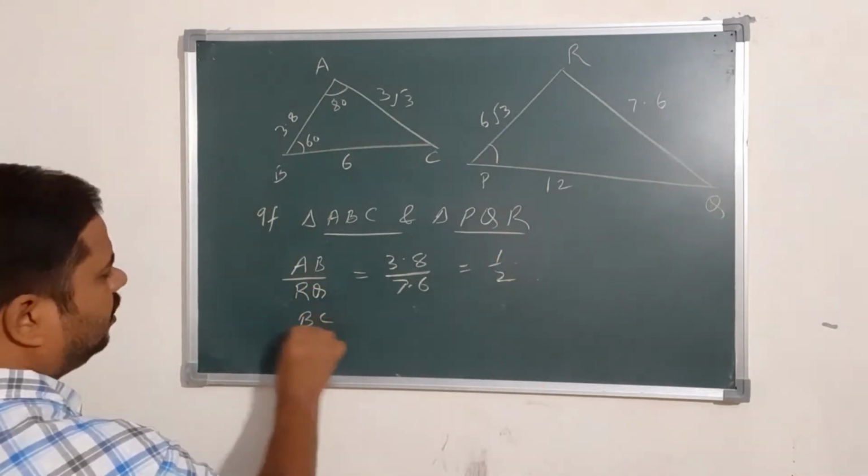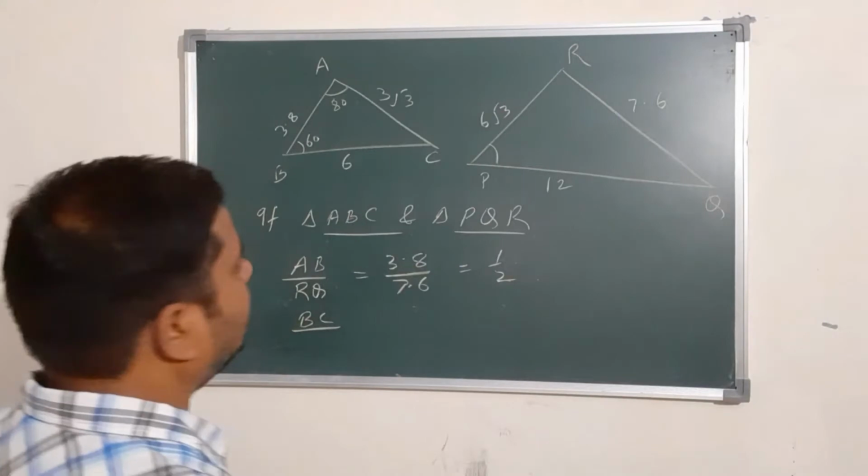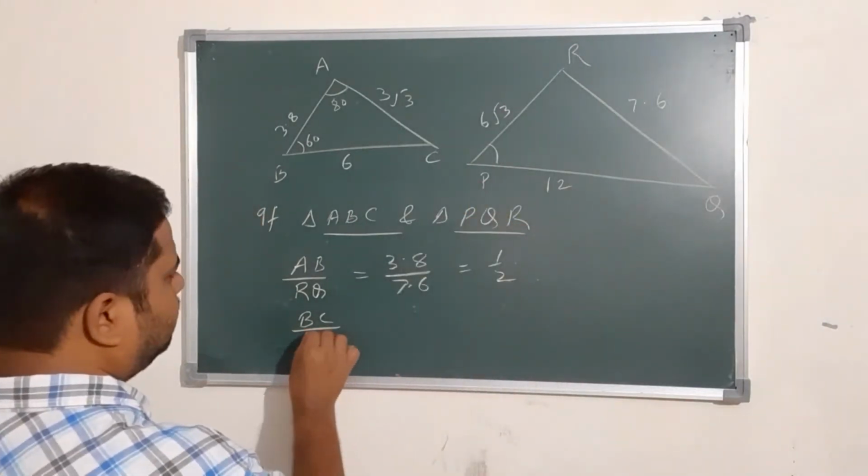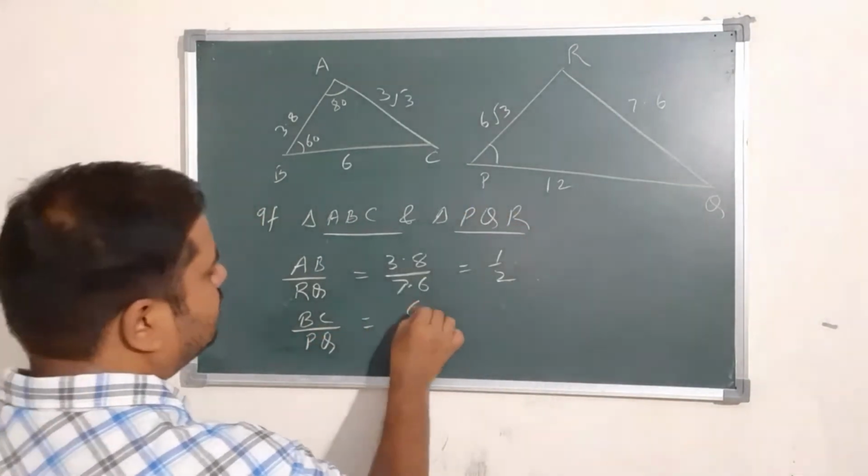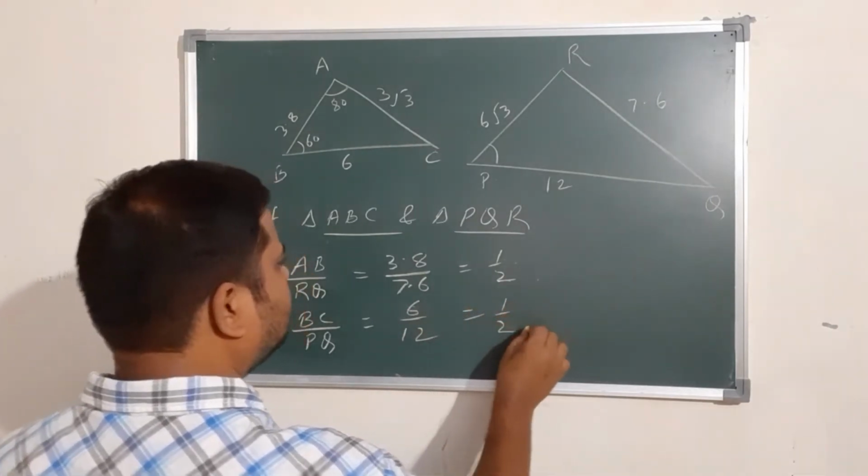And BC is 6 upon PQ, so 6 by 12, which is 1 by 2.